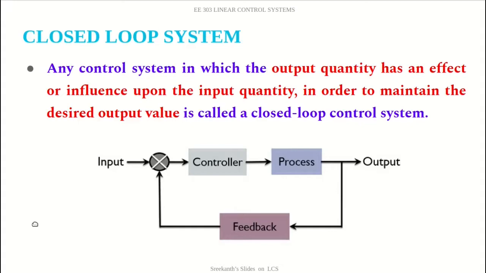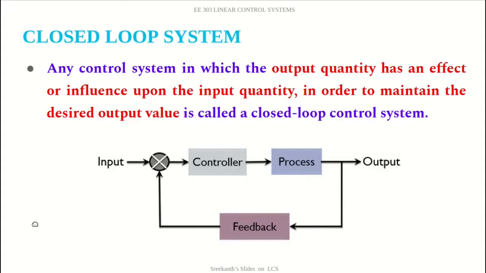So if we can sense the cleanliness of the dress inside the washing machine, and feed that sensed value to the input so that it varies the input time until the desired cleanliness is achieved, the washing machine becomes a closed loop system.